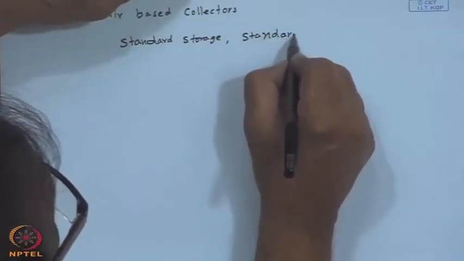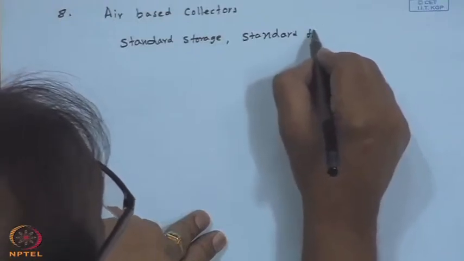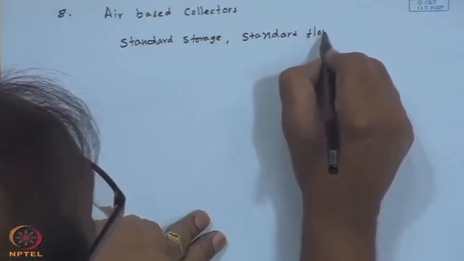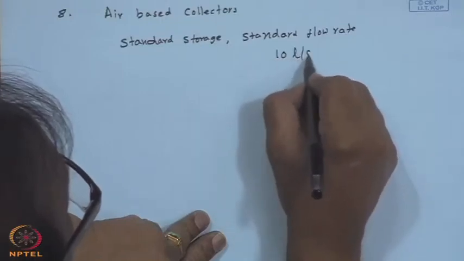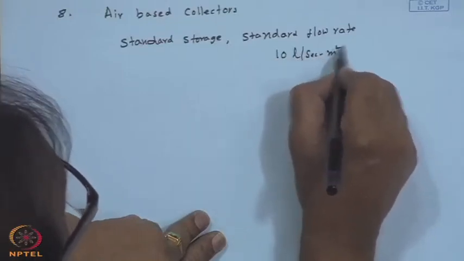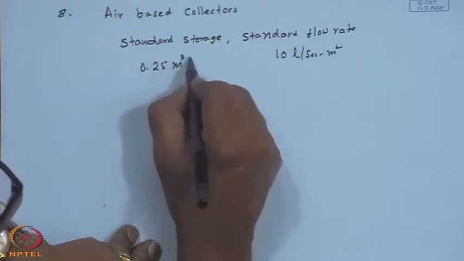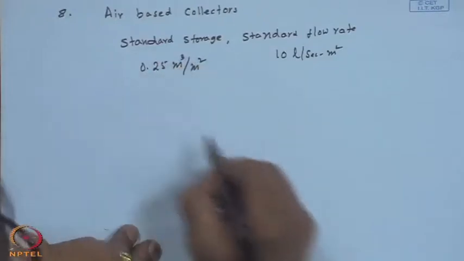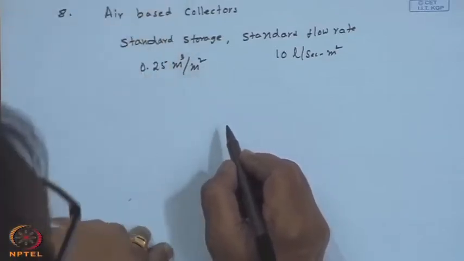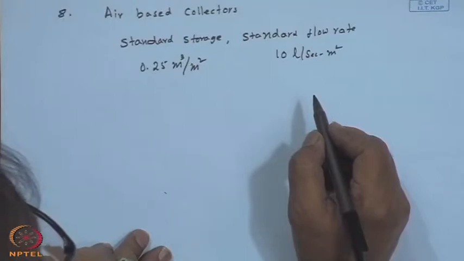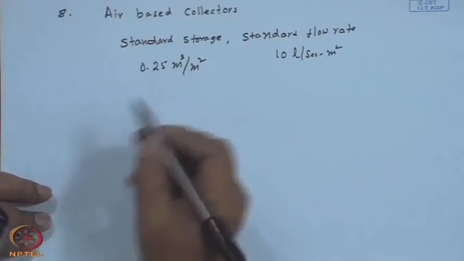What is the standard flow rate? 10 liters per second per meter square under NTP. So, these are numbers I am repeating so that you will be remembering, and once you say standard storage and standard flow rate, you must almost be able to know what they are.